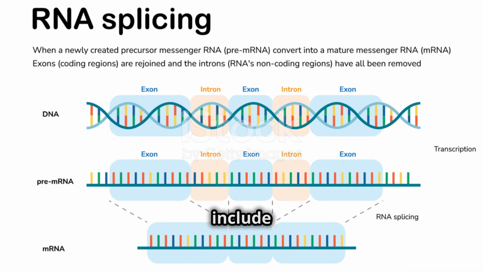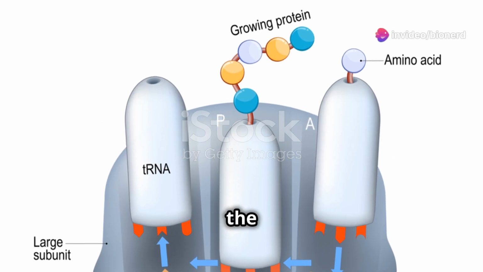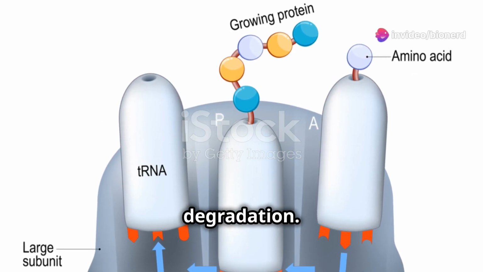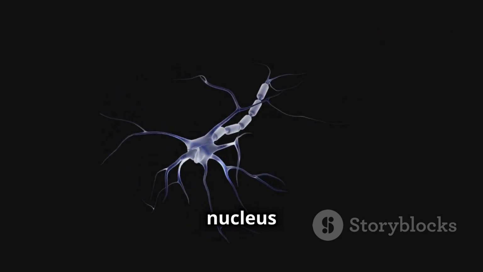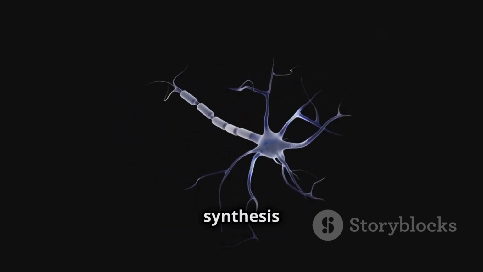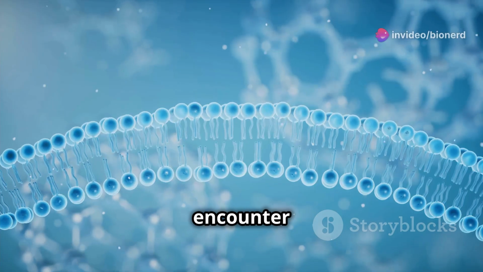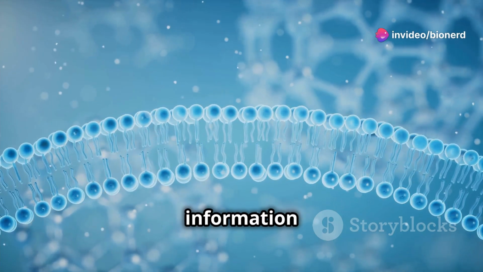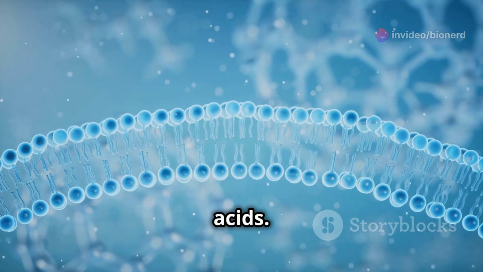These modifications include capping, splicing, and polyadenylation, which help to protect the mRNA molecule from degradation. Once fully processed, the mature mRNA molecule exits the nucleus and enters the cytoplasm, where protein synthesis takes place. In the cytoplasm, mRNA molecules encounter ribosomes, where the genetic information will be decoded and translated into a specific sequence of amino acids.